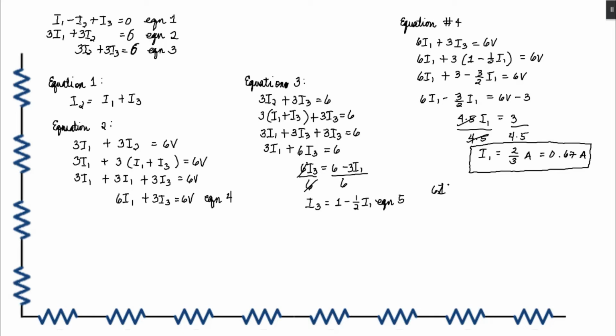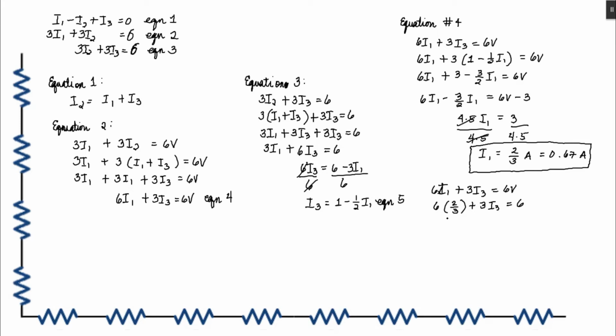So 6 I sub 1 plus 3 I sub 3 equals 6 volts. So 6 times, our I sub 1 is 2/3 ampere, plus 3 times I sub 3 equals 6.